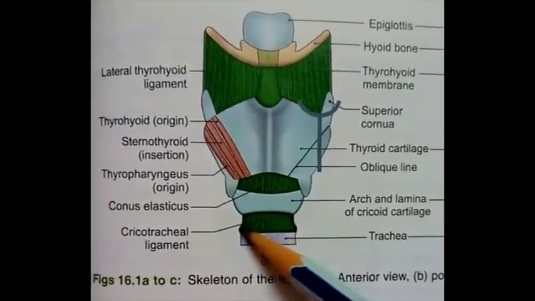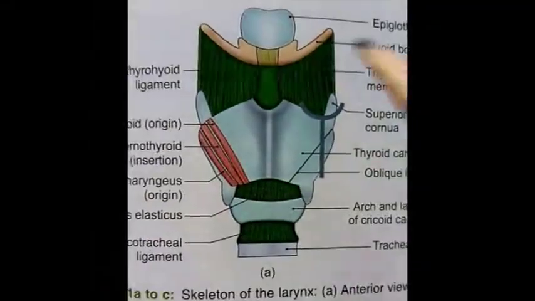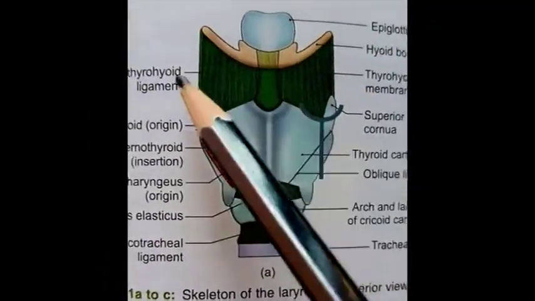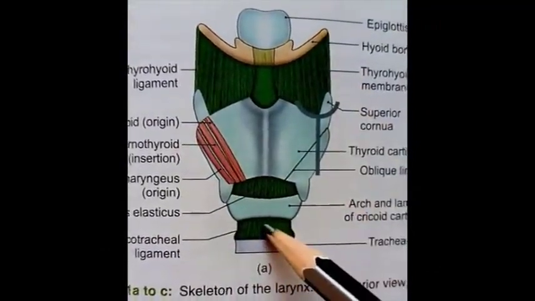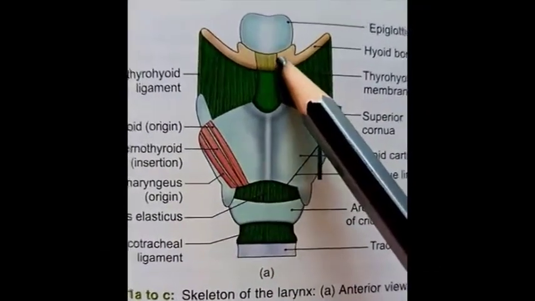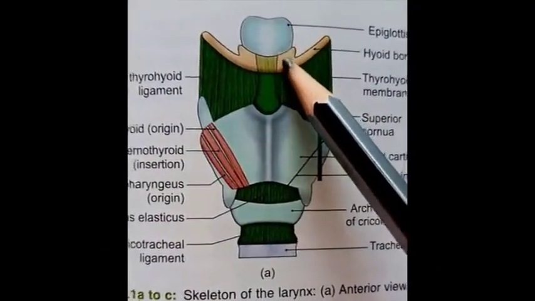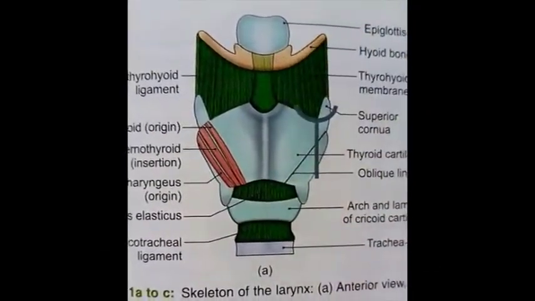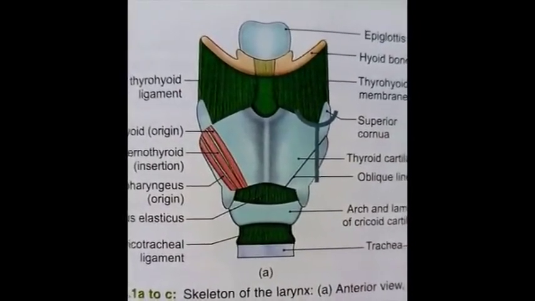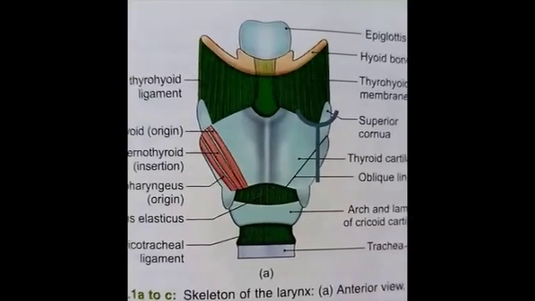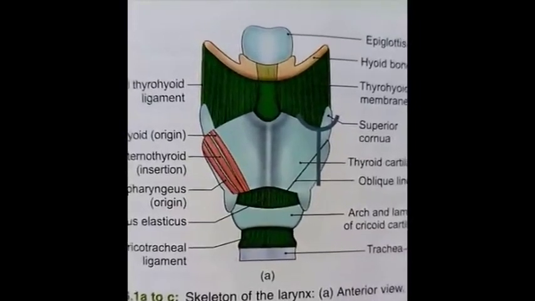This is the cricotracheal ligament. So median and lateral thyroid ligaments, cricotracheal ligament and hyoepiglottic ligament, these are the extrinsic ligaments of larynx. Extrinsic ligaments connect the larynx to other structures like hyoid bone and trachea.